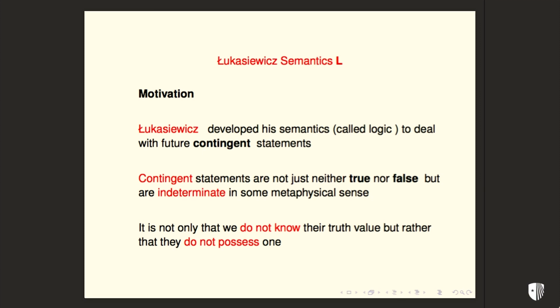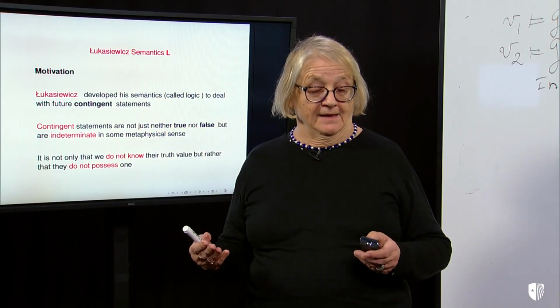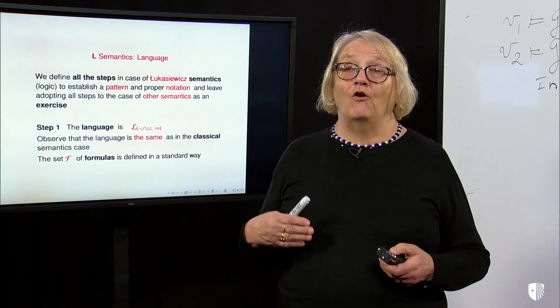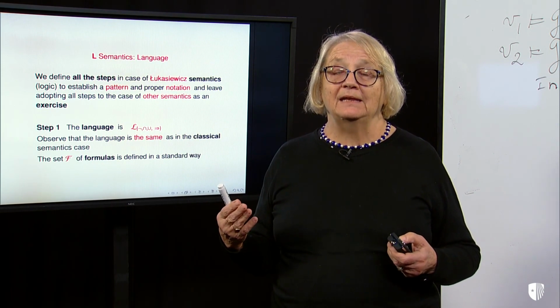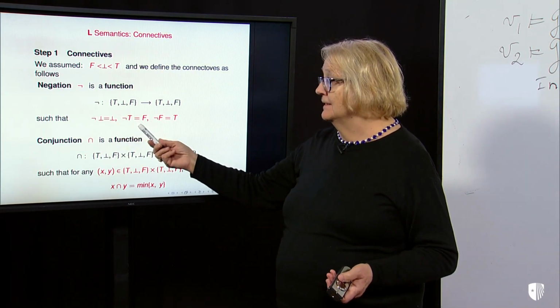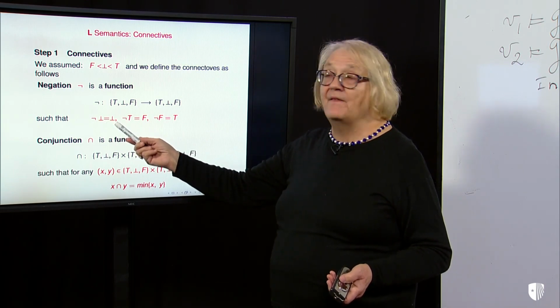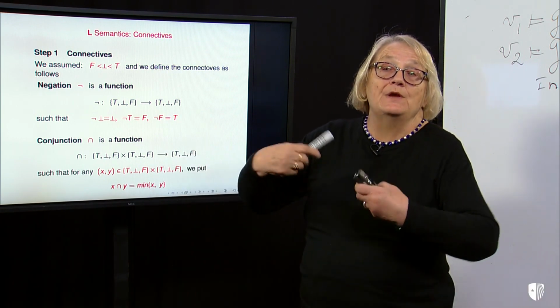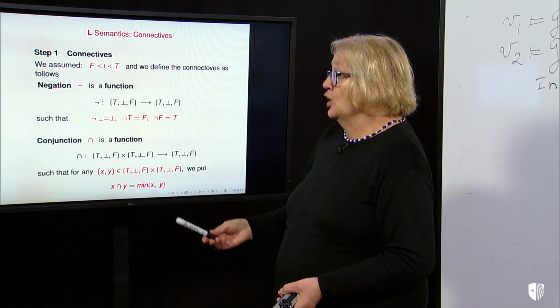It is not only that we do not know their truth values, but rather they do not possess one. Following that, he defined negation: the negation of unknown is unknown, because it does not possess a value, and if you negate it, it still does not.